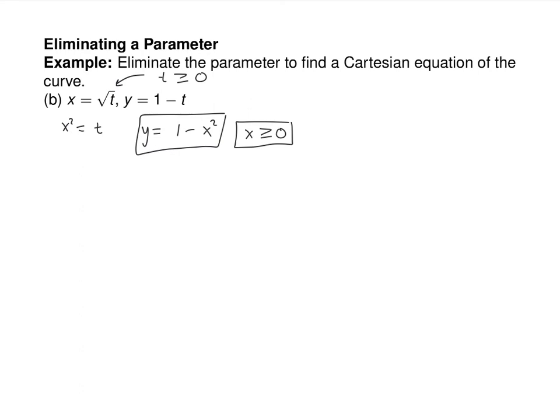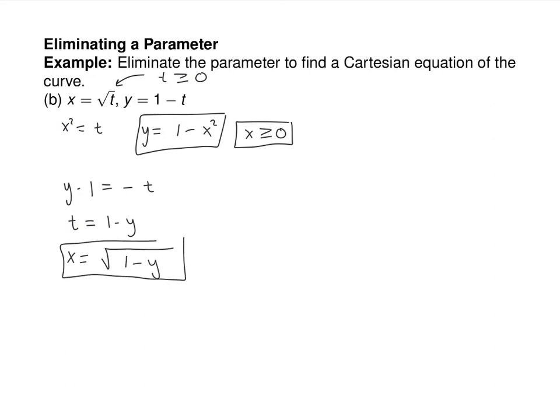Another way you could do this is you could solve the other equation for t. So y minus 1 equals negative t. T would equal 1 minus y. And so x would equal the square root of 1 minus y. And the fact that that's a square root will actually already have the restriction built in. So both of those are correct.